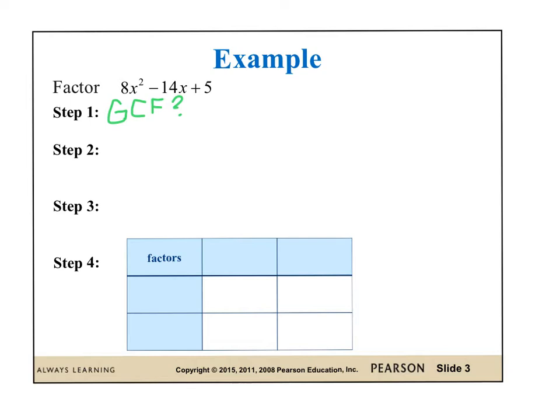And the truth of the matter is that we know automatically that there is no greatest common factor because 8 and 14 are both even, but 5 is odd.